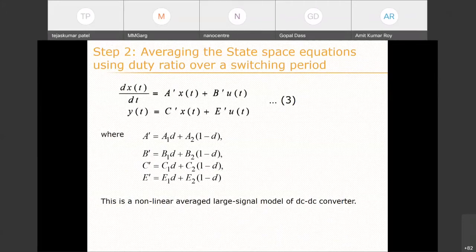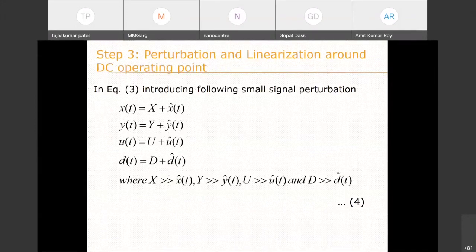Now we do averaging: the switch is on for a time d times T, and off for 1 minus d times T, and we do averaging.